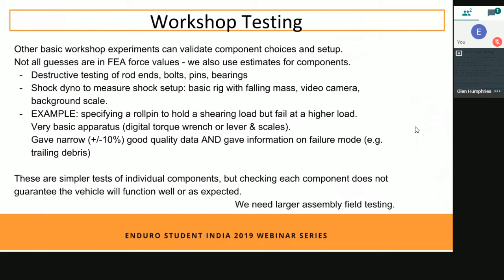So this is for validating more of component choices and perhaps component setups when you're able to tune a component itself. So for example, the estimations and assumptions in our design choices, it's not just a matter of estimating FEA forces. We also estimate bolts that are going to be strong enough.